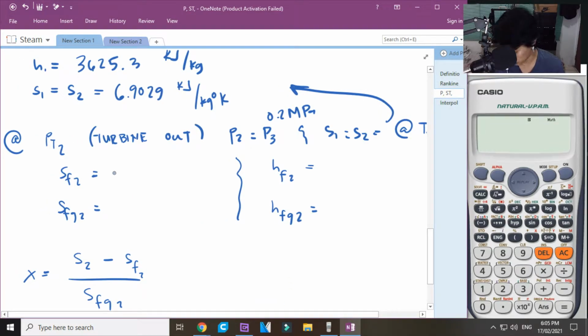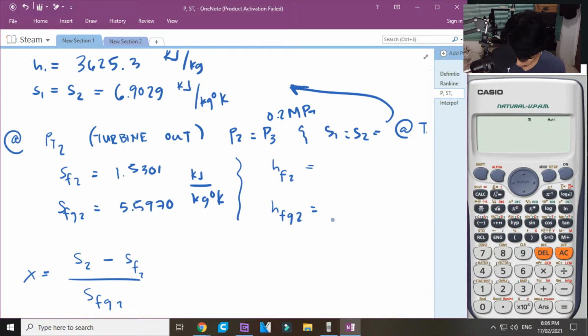So, SF2, hanapin ko dito. SF, 1.5301. Tapos, yung isa, 5.5970. Both units are kilojoule per kilogram degree Kelvin. Now, for HF tsaka HFG, kunin mo na agad.